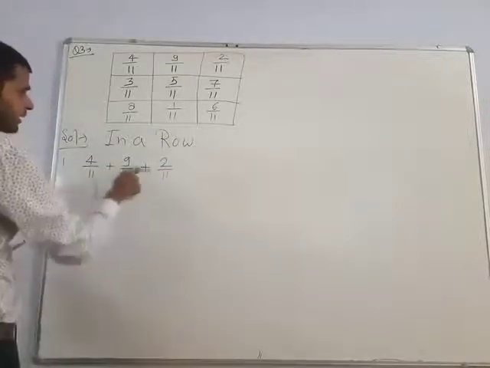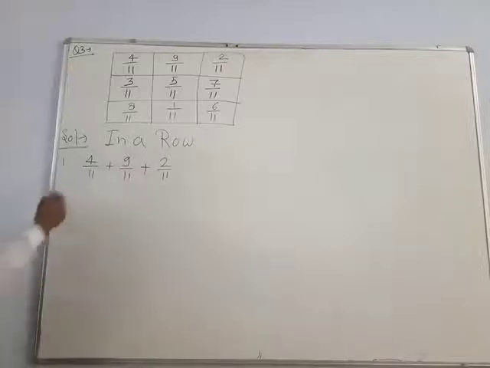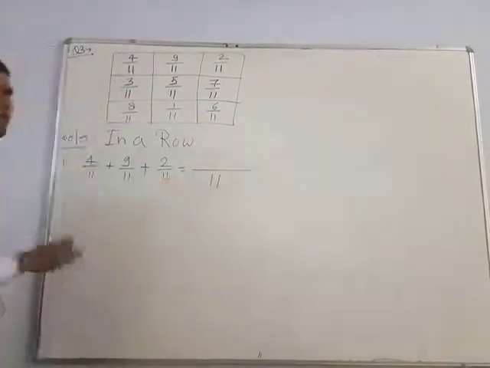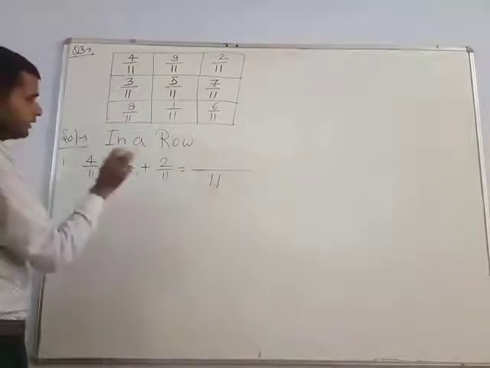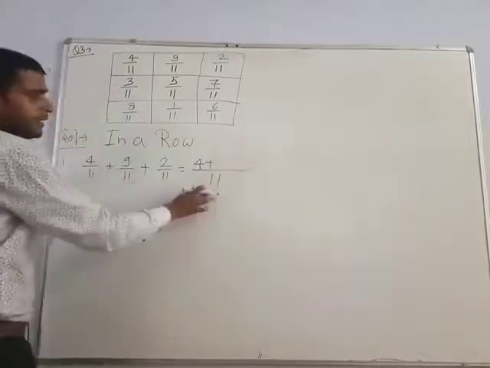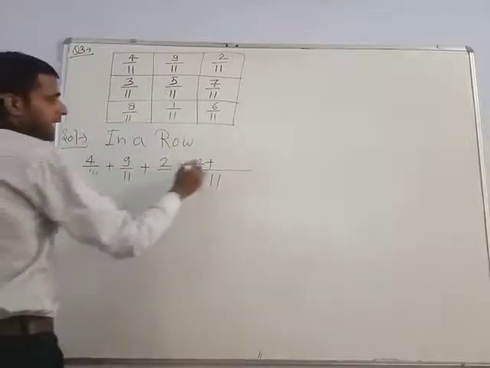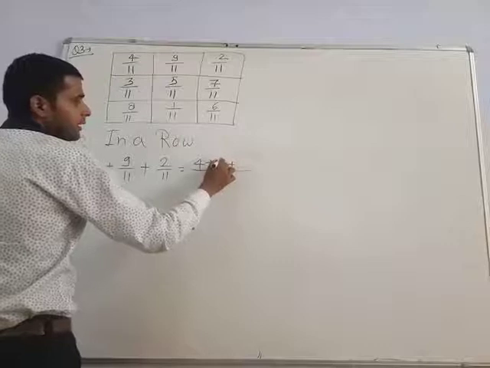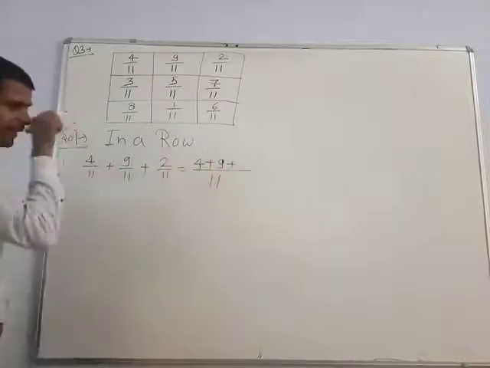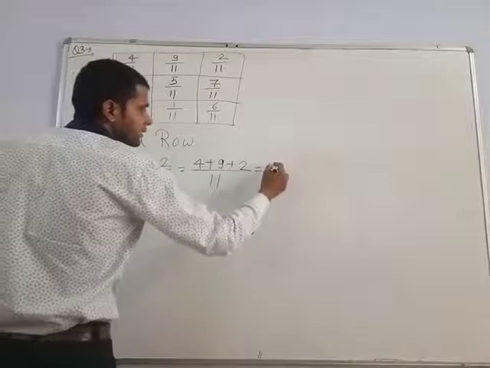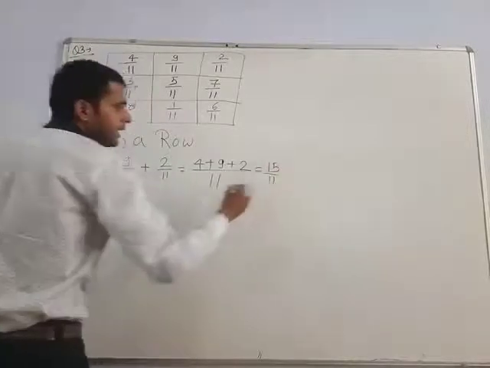The denominators are 11, 11, 11, so you take LCM 11. 11 divided by 11 is 1, 1 times 4 is 4. Same, 11 divided by 11 and 1 times 9 is 9. Then 11 divided by 11 is 1 and 1 times 2 is 2. So that is 15 upon 11.